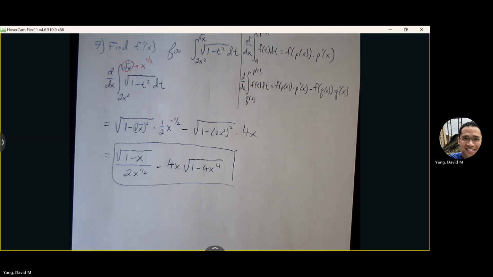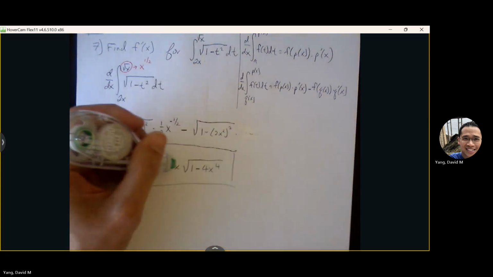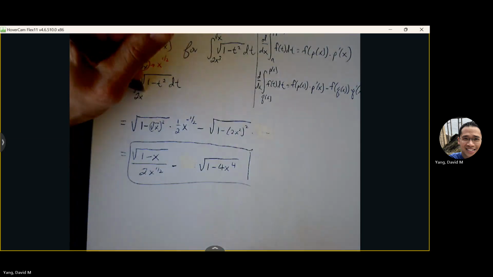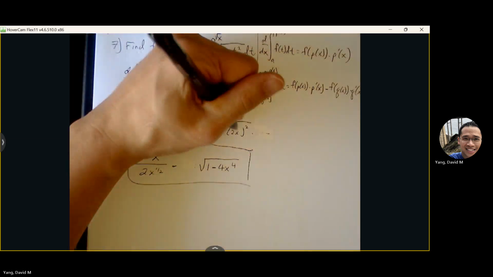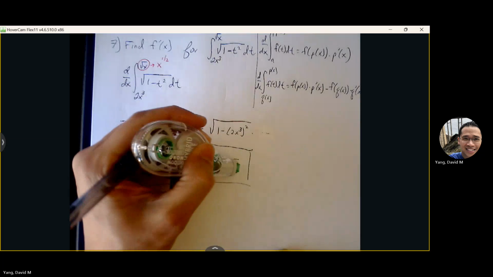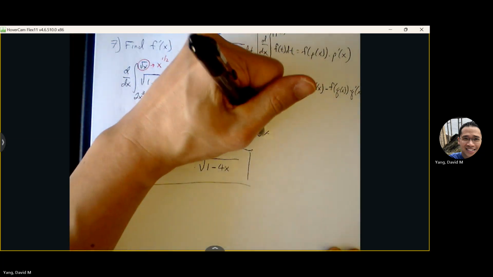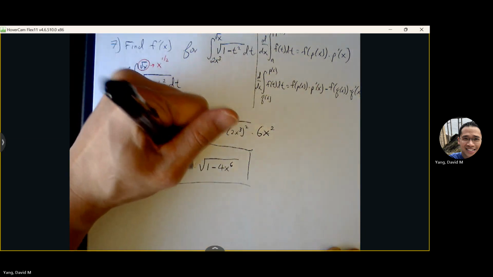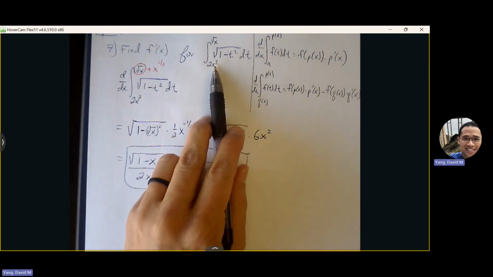Copy the problem wrong. Sorry, I copied that lower bound to be 2x squared instead of 2x cubed.